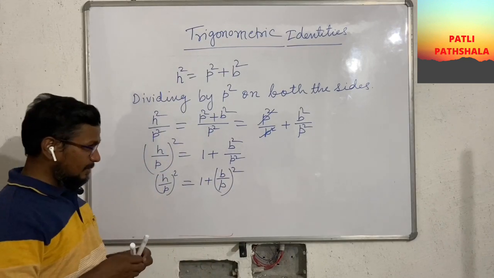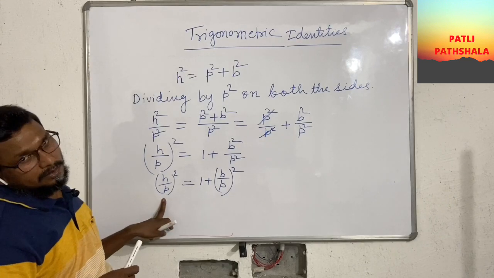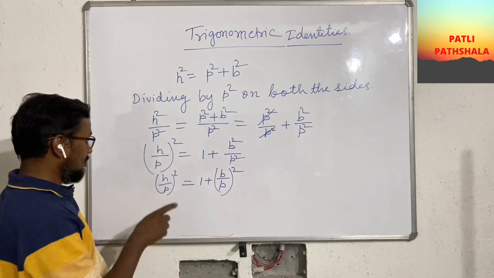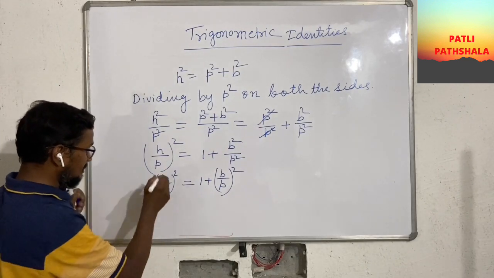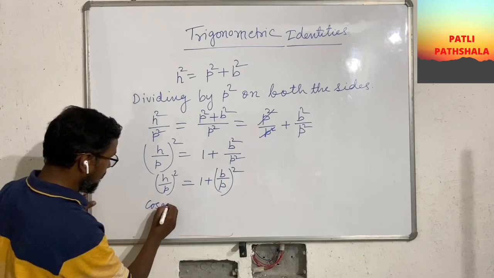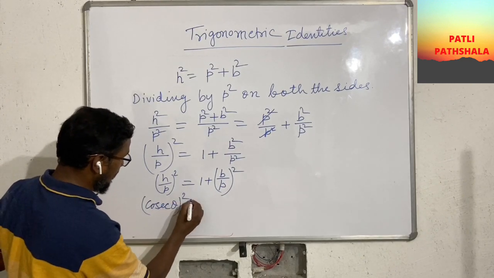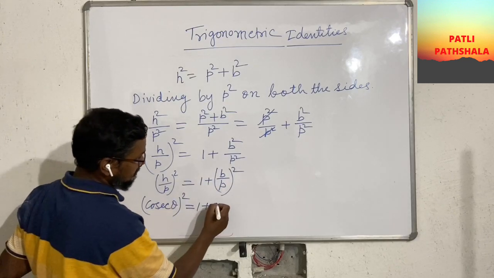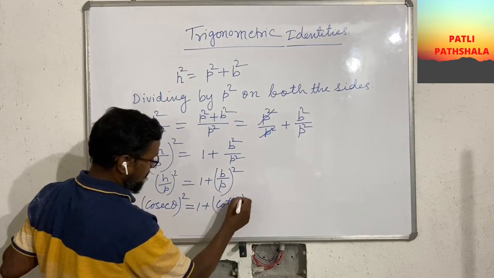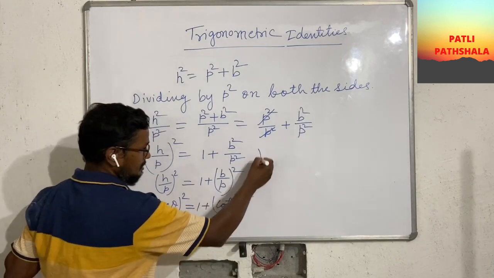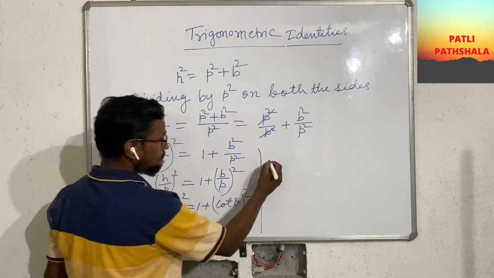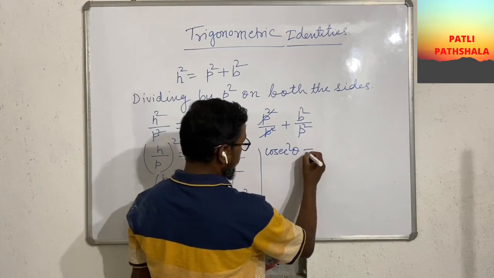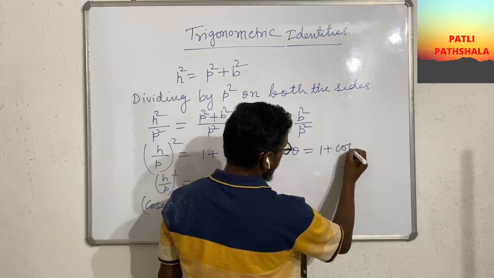Now h by p represents cosec theta and b by p represents cot theta. So instead of h by p we can write here cosec theta square, and this one is equal to 1 plus b by p is cot, and square is there. So its value will be cosec square theta is equal to 1 plus cot square theta.